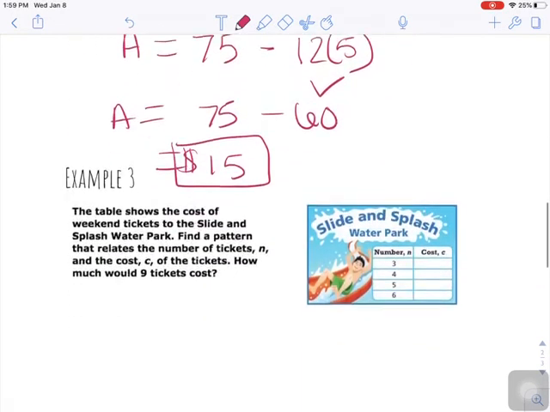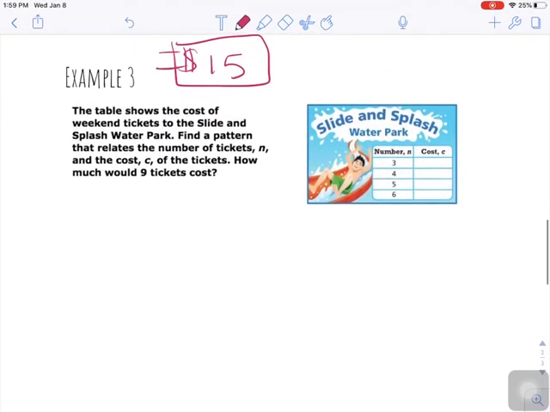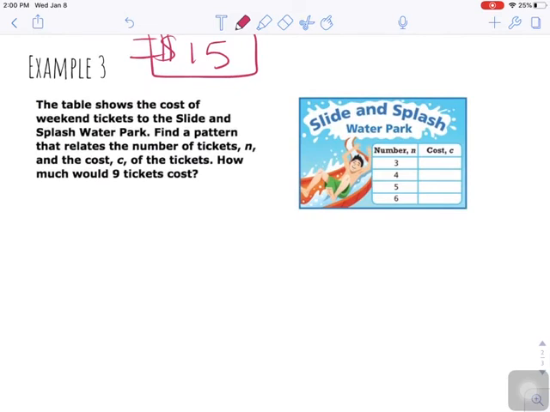All right, so our last example for today says the table shows the cost of weekend tickets to the Slide and Splash water park. We want to find a pattern that relates the number of tickets N and the cost C, and we want to figure out how much 9 tickets would cost.